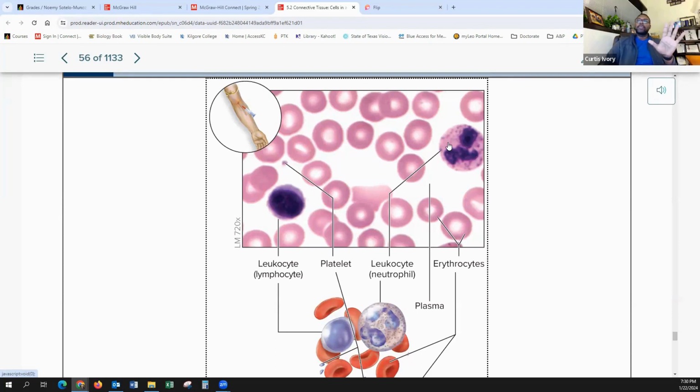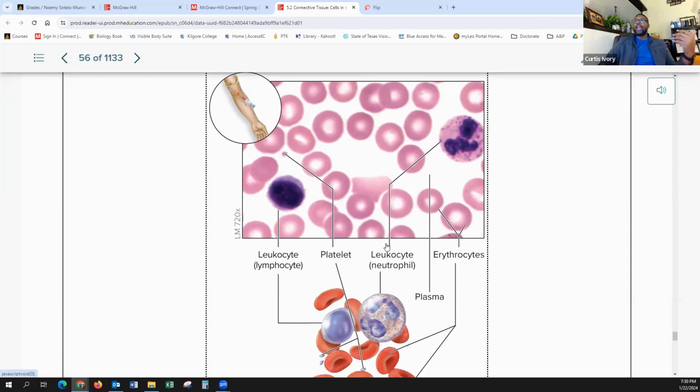So you have 5 different types of white blood cells, which we'll talk about in the blood chapter in A&P 2. But you have a lot more things floating in your blood. Your blood is not just red liquid, it's actually a bunch of red blood cells. And remember, you produce about 3 million blood cells per second. So that's a ton of blood cells that you're producing.